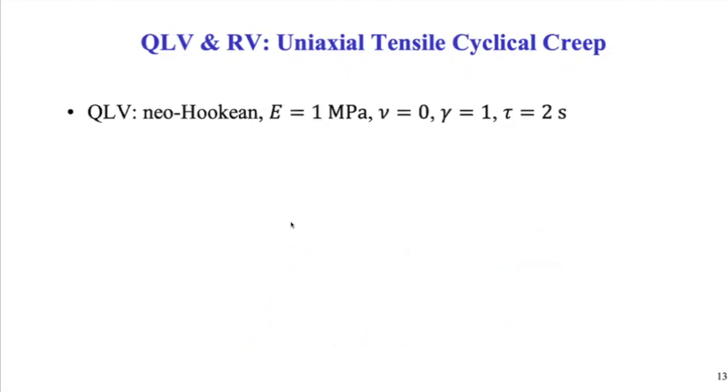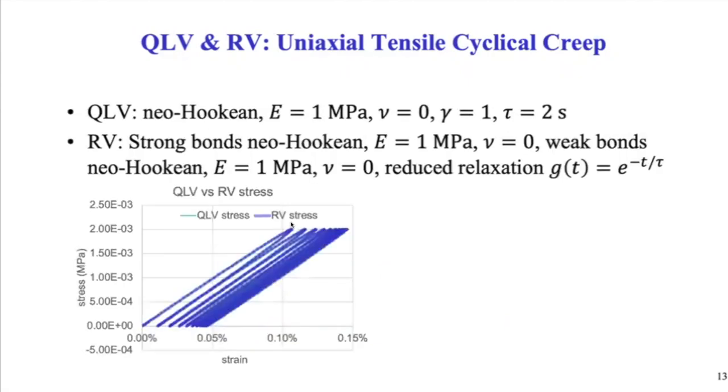Now, I can do this with uniaxial tensile cyclical creep, same material model, same comparison. Once again, the stresses are exactly the same between the quasi-linear viscoelasticity and the reactive viscoelasticity case. This is in the case of infinitesimal strains. And what you see here is the typical, what should we call it? In viscoelasticity, when you load and unload the material, not hysteresis, the preconditioning, right?